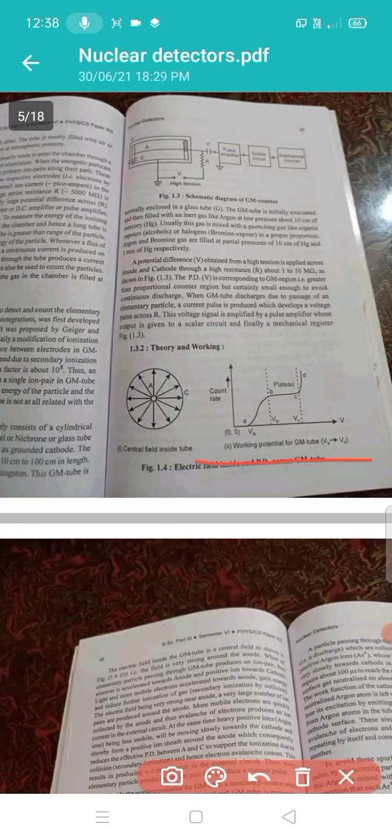To decide the working potential for the GM tube, a standard beta source which emits beta particles at a constant rate is used, and the GM tube is exposed to this source, and the count rate is recorded by changing the potential difference. Then the count rate is plotted against the voltage.